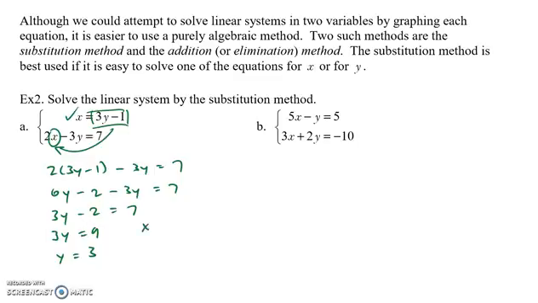So x would be 3y minus 1. That means in this case 3 times 3 minus 1. So that's 9 minus 1, which gives us 8. So there is just one solution of our system of equations. In this case, that would be the ordered pair 8, 3.